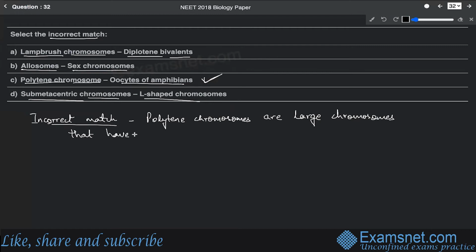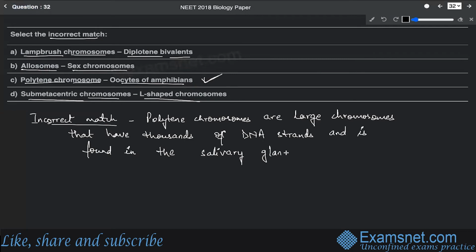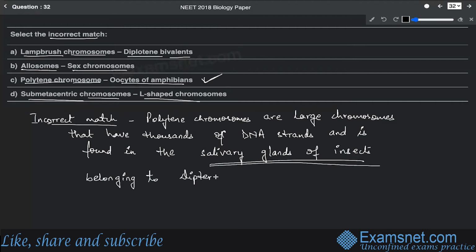That too, the salivary glands of insects belonging to the order Diptera. So this is the case. That means the incorrect match is this one.